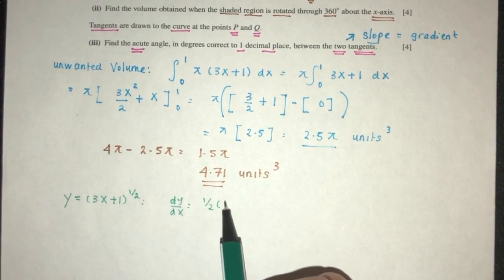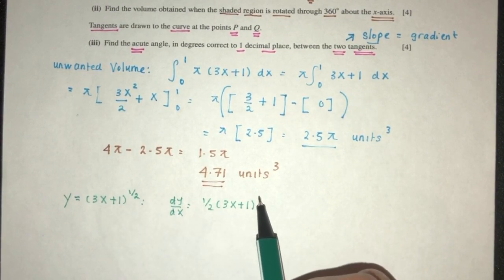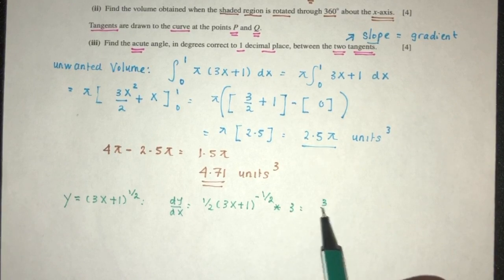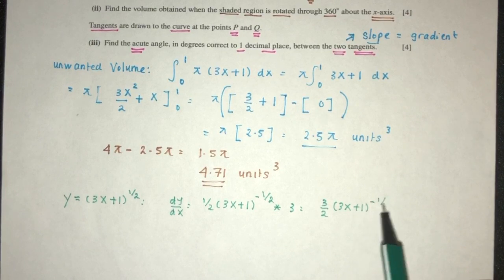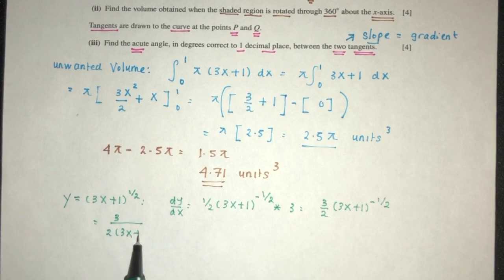Half times (3x plus 1) to the power of half minus 1, which is minus half, multiplied by 3. That should be 3 over 2 times (3x plus 1) to the power minus half, which is 3 over 2 times the square root of 3x plus 1. That is dy by dx.